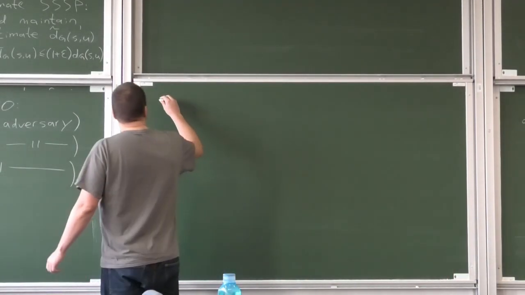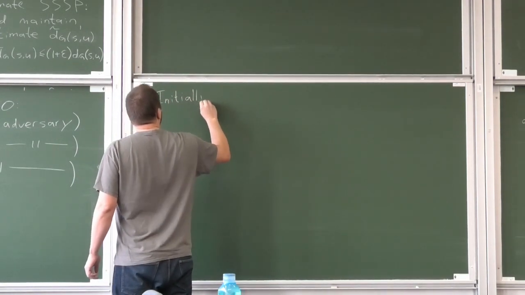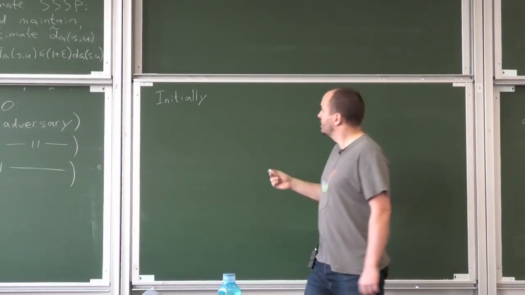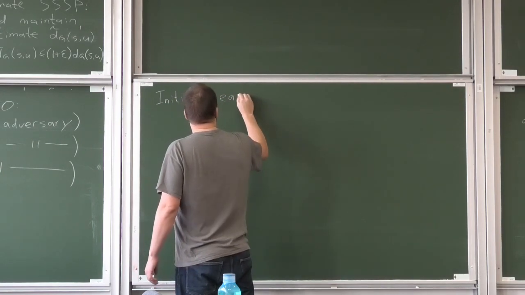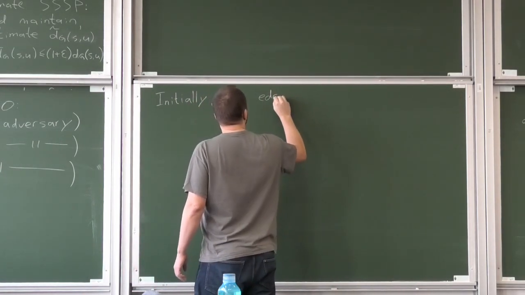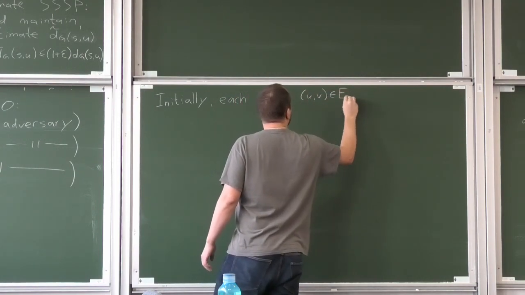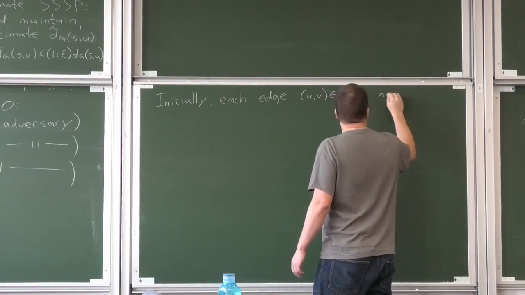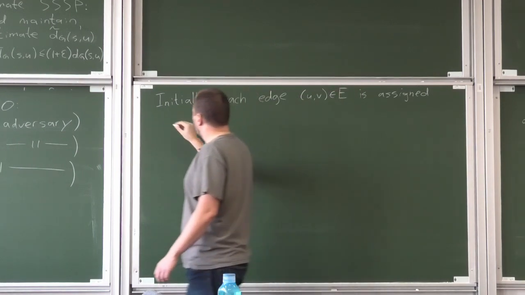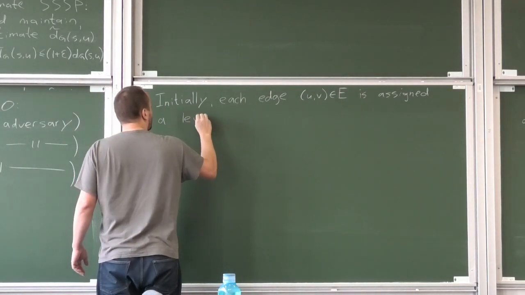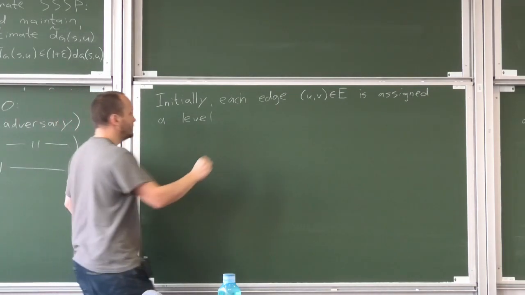So initially, before the first edge deletion, let's say during pre-processing, each edge UV is assigned a level, and I will not describe how these levels are assigned yet, we'll come back to that later on.